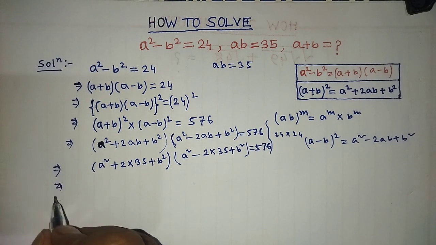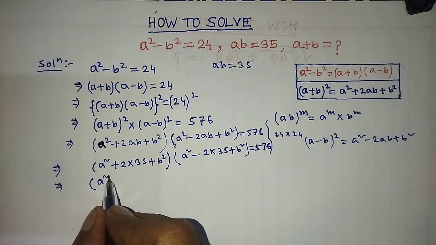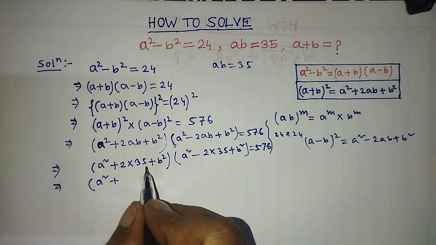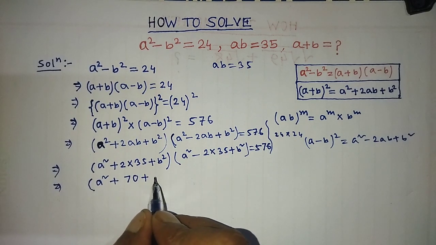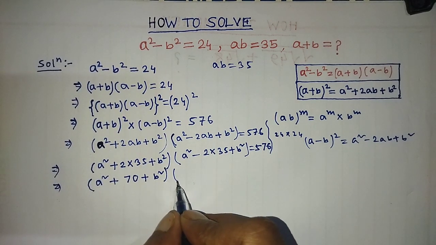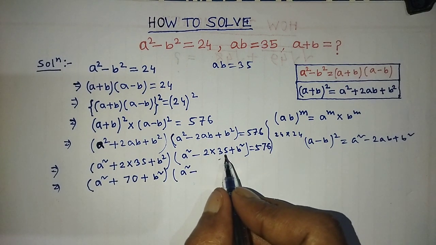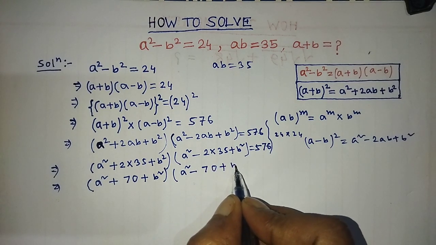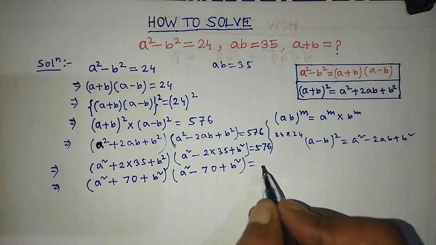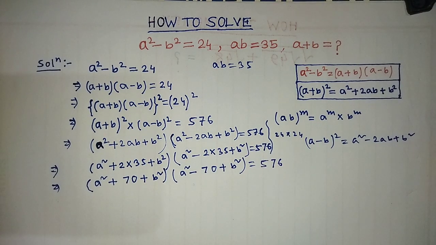So we write a square plus 2 into 35, that means 70, plus again b square. Again we write a square minus 35 into 2, that means 70, plus b square is equal to 576 on the right hand side.